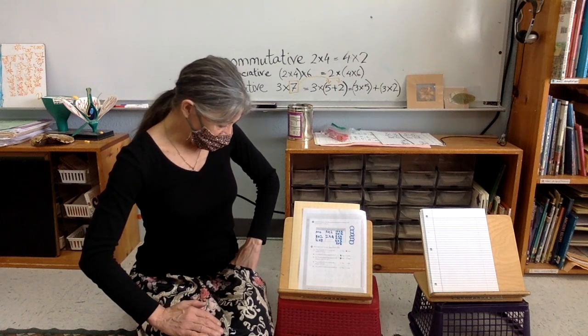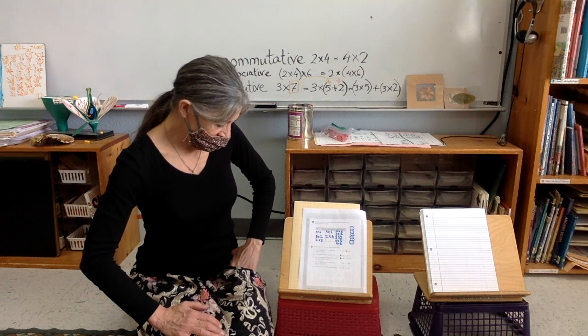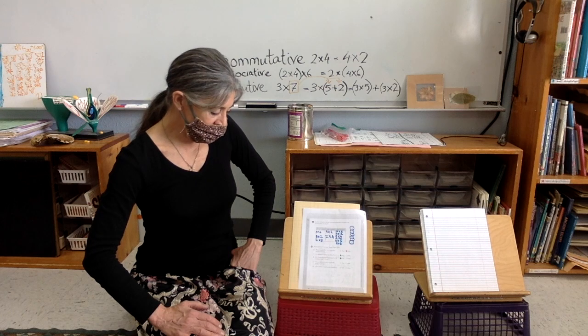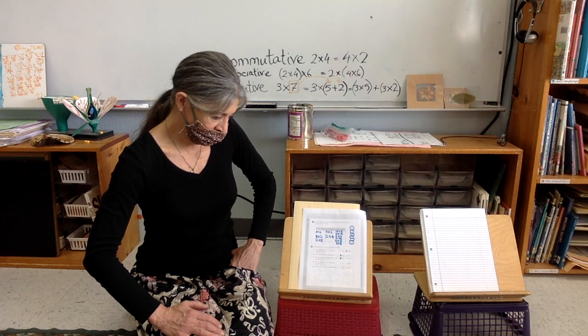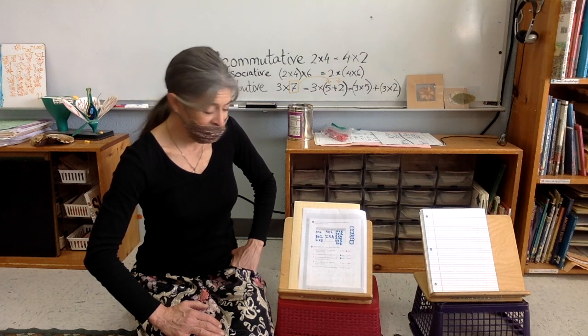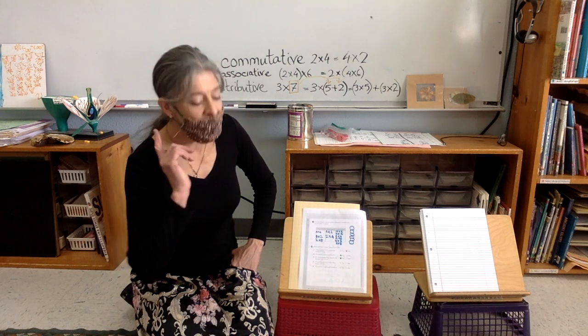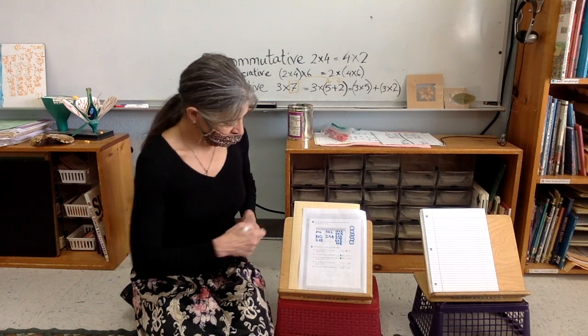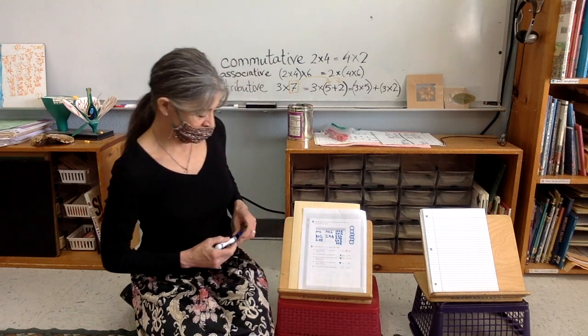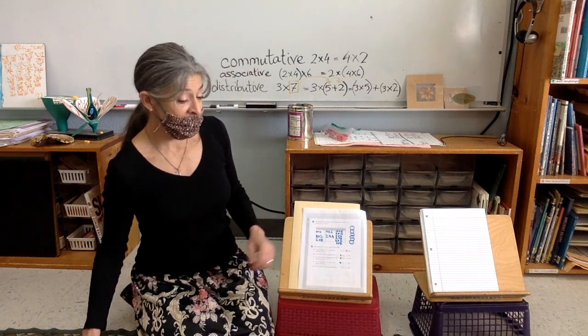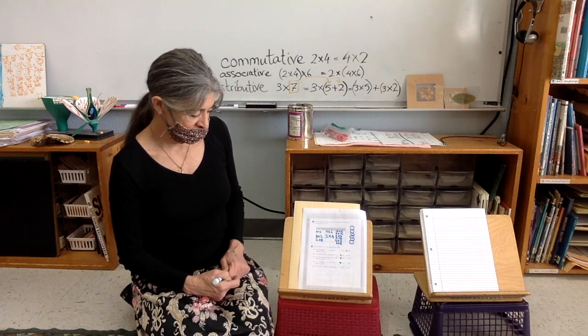Okay, D. The product of 9 times 8 is 2 times the product of 9 times 4. Ding. What's that mean? You guys, you can't just guess. It means yes. Good. That's the distributive property, by the way. When it's wrong, we'll say dang.